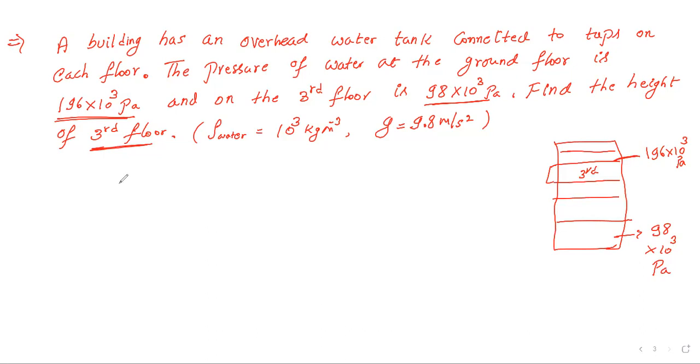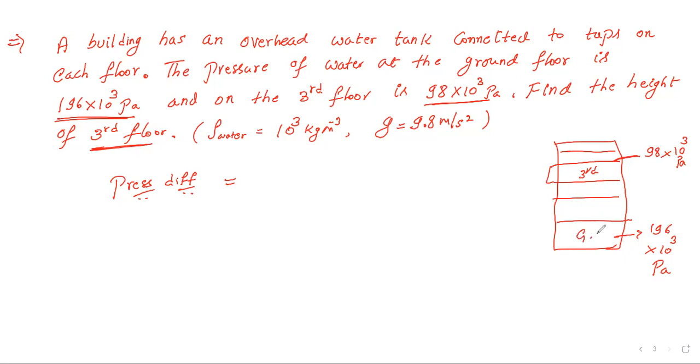Now, what is the pressure difference? Observe that the pressure difference is equal to the highest minus the lowest. I think I have written it the wrong way. Here it is less, here it is 98, and here it is 196 at the ground floor.